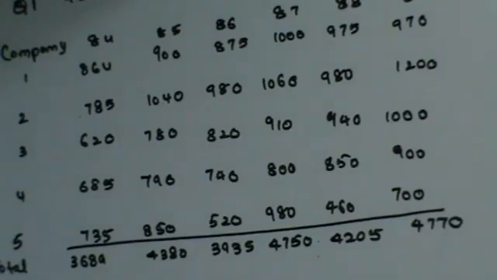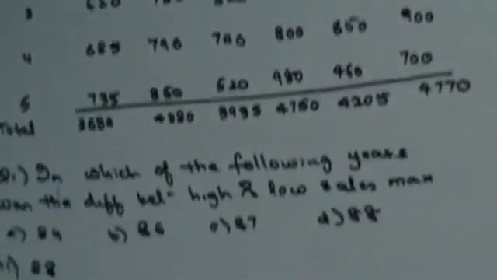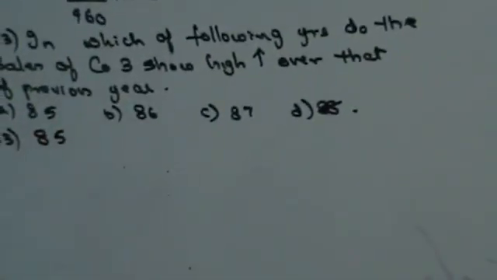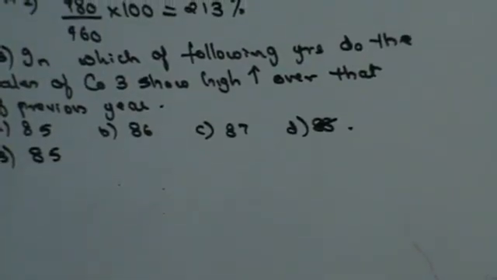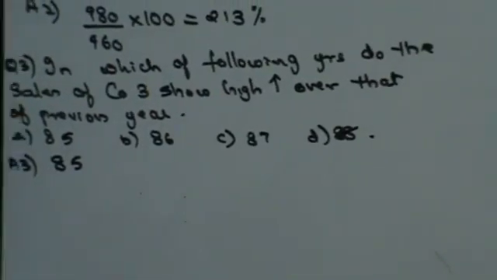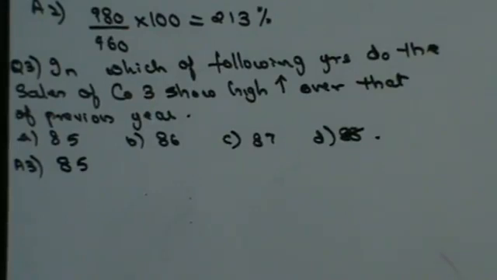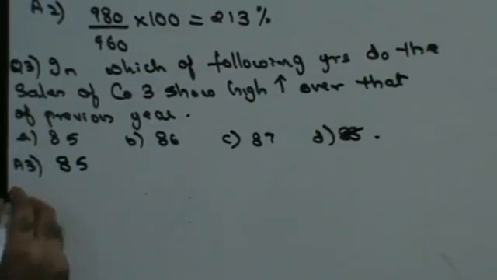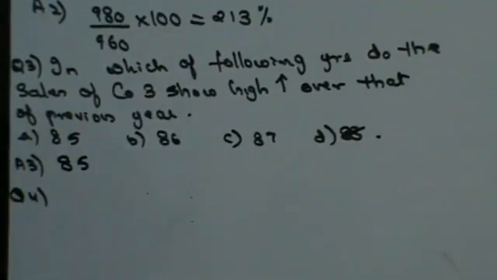And 88, 940 and 910, again less. So the maximum difference is in the year 85. Right? 160, that's 780 minus 620.